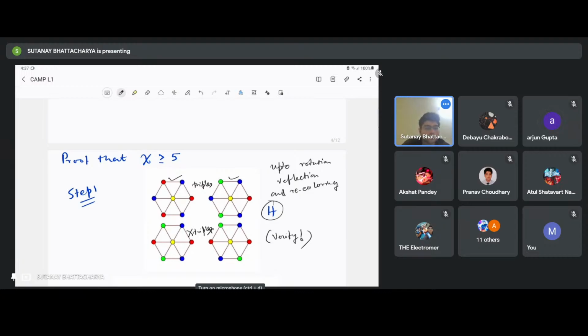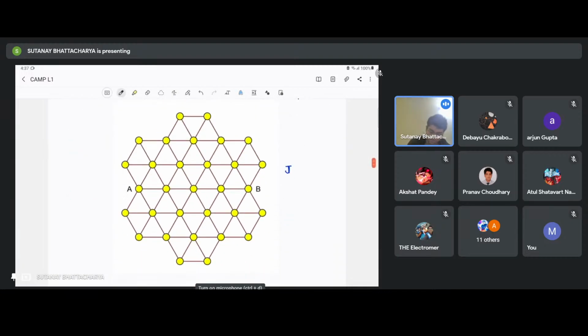Okay. Cool. So the next thing we'll construct is this graph called J, which consists of 13 copies of H, and it looks fairly normal. This is our J. And I have labeled two vertices here, A and B. You will see why in a bit.